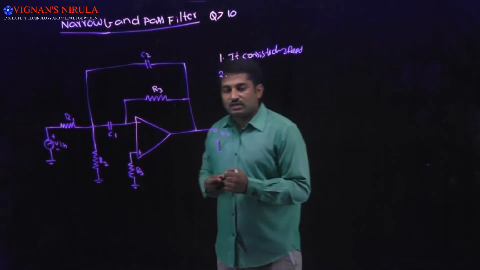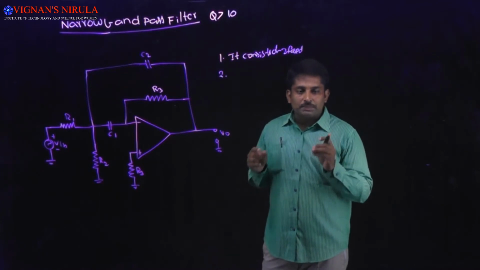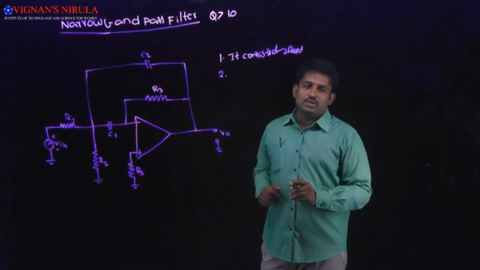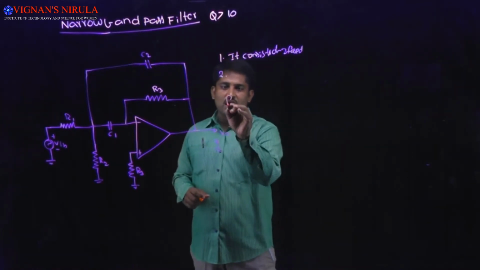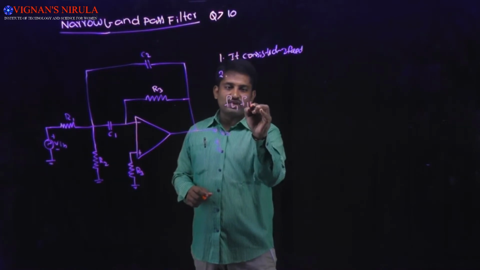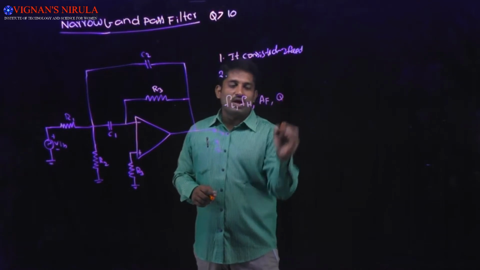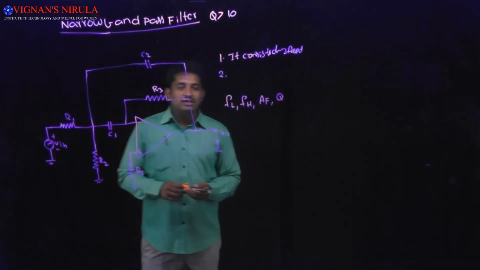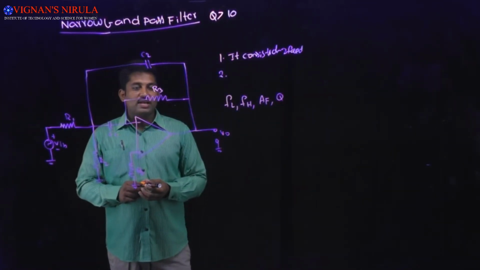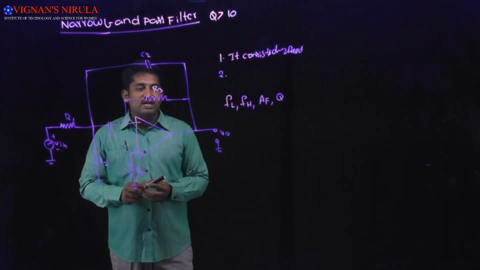And next, the important parameters regarding the narrow band pass filter are FL, FH, the maximum gain AF and the quality factor Q, and the components related to these parameters are represented as follows.